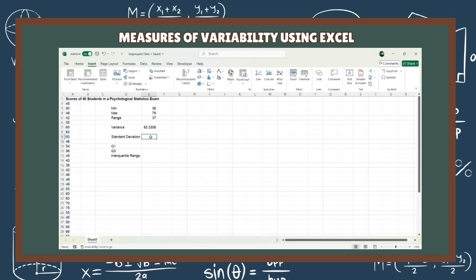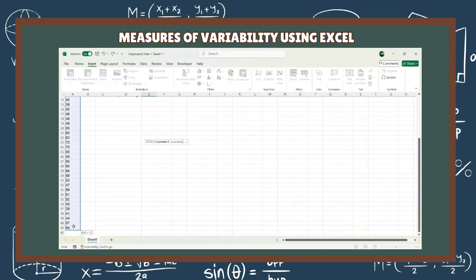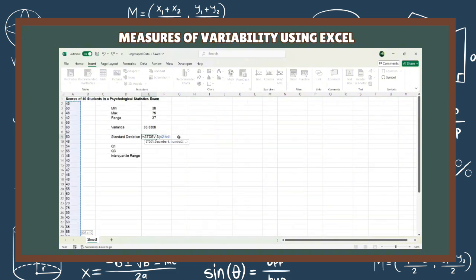For the sample standard deviation, type this, highlight the data, and then press enter. This gives you the sample standard deviation.